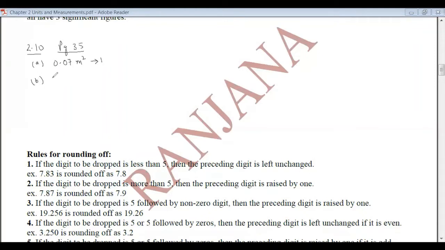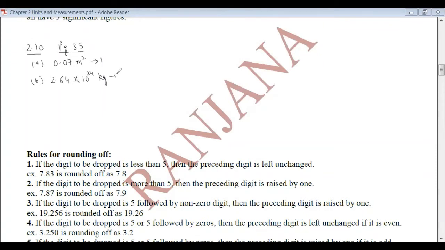The next one is 2.64 into 10 raised to the power 24 kgs. So this can be written as 264 followed by 22 zeros. So there won't be any decimal in this measured value. And when there is no decimal in the measured value, the last zeros are insignificant.